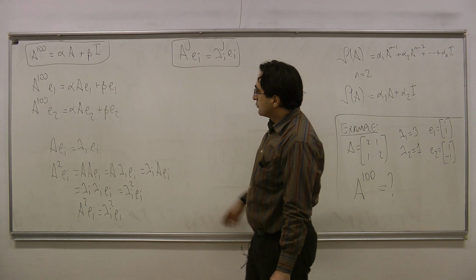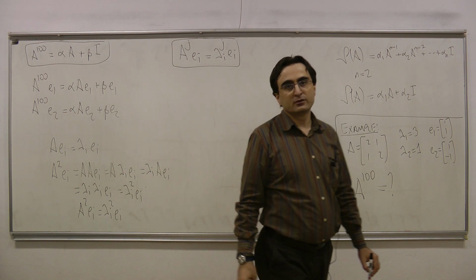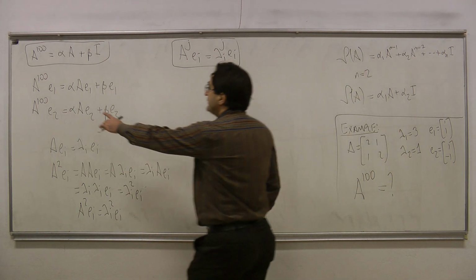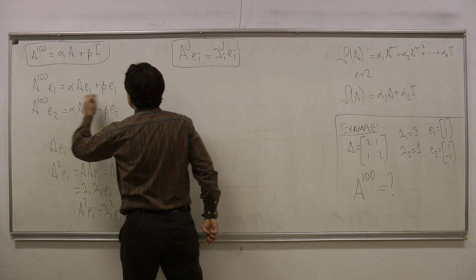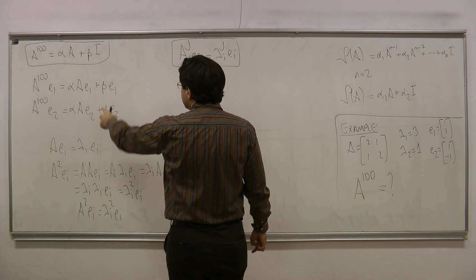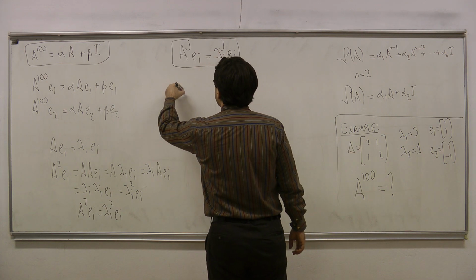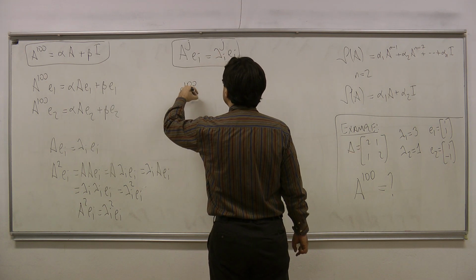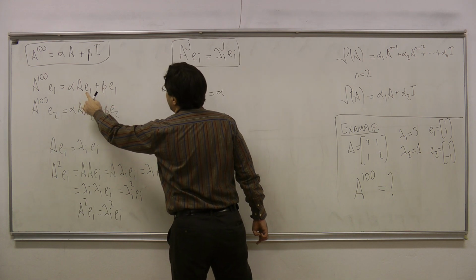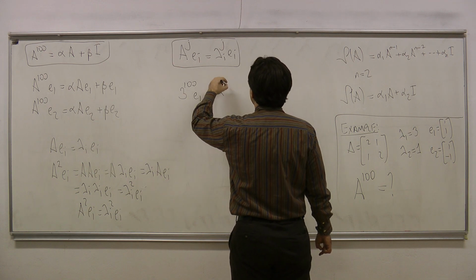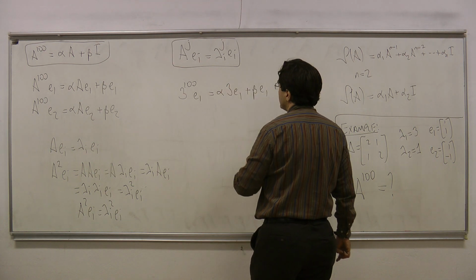Okay? So now I will use this fact here on these equations. All right? So A to the 100 E1, the first eigenvector, this is going to be lambda 1 to the 100. Lambda 1 is 3. So I have 3 to the 100 E1 is equal to alpha. A E1 is lambda 1 E1. So that is going to be 3 E1 plus beta E1 itself.